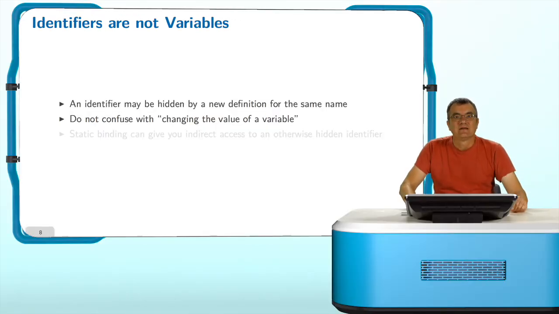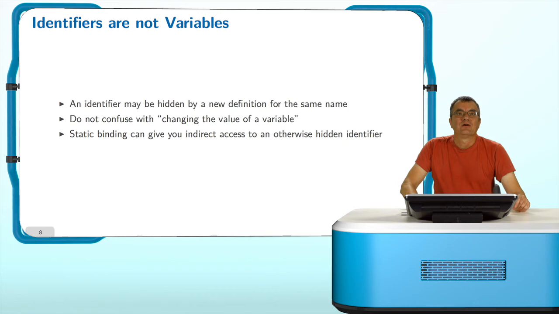In any case, this must not be confused with changing the value of a variable as you have it in traditional imperative programming languages. Now, using the principle of lexical scoping or static binding, I can in fact give you a demonstration that this really is the case.